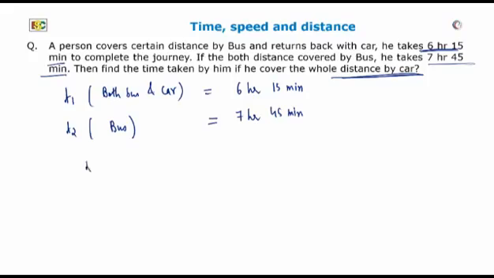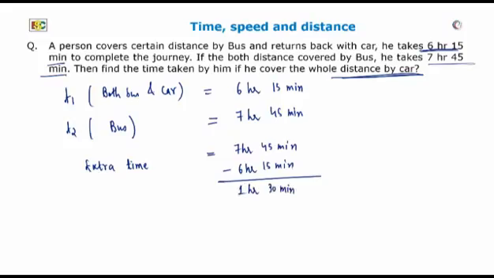It means the extra time he is taking is equal to 7 hours 45 minutes minus 6 hours 15 minutes. That is 1 hour 30 minutes. It means the same person is taking 1 hour 30 minutes extra if he is going only by bus.